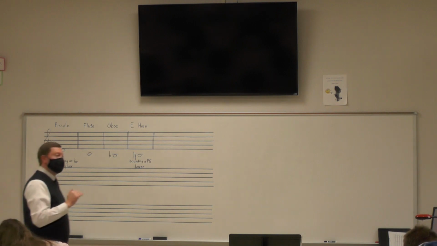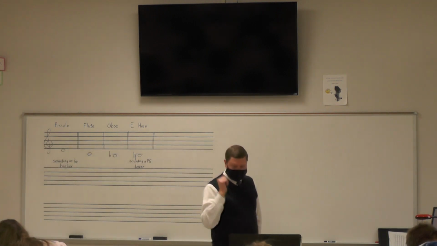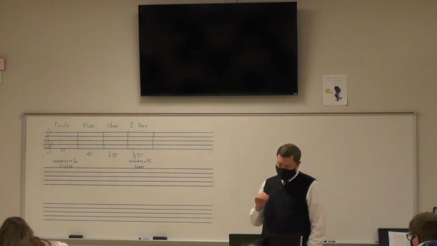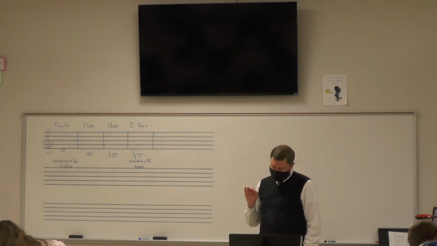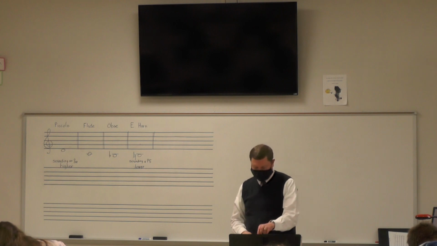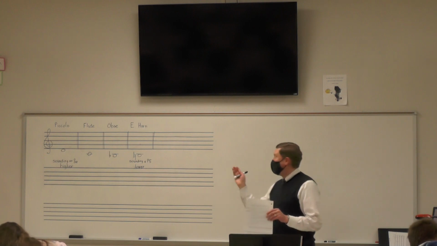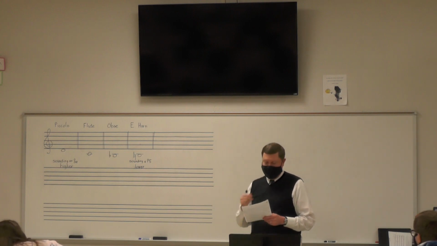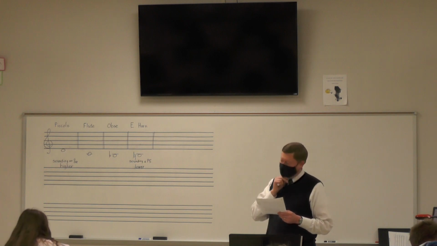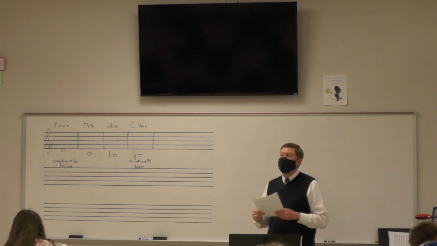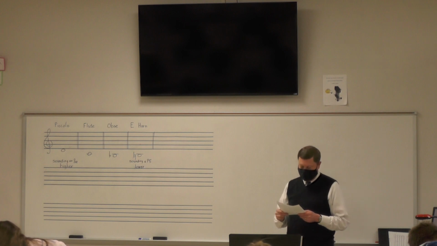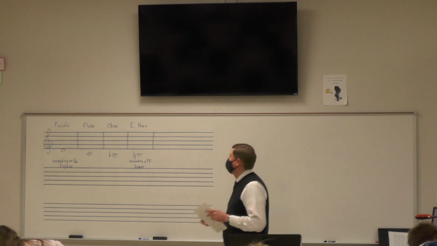But I do want you to know and be responsible and have in your head the bottom limits of each. That is the lowest note possible that the instrument can physically produce. And I have, on the board over here, the written low limits for the piccolo, flute, oboe, and English horn. The written low limits.